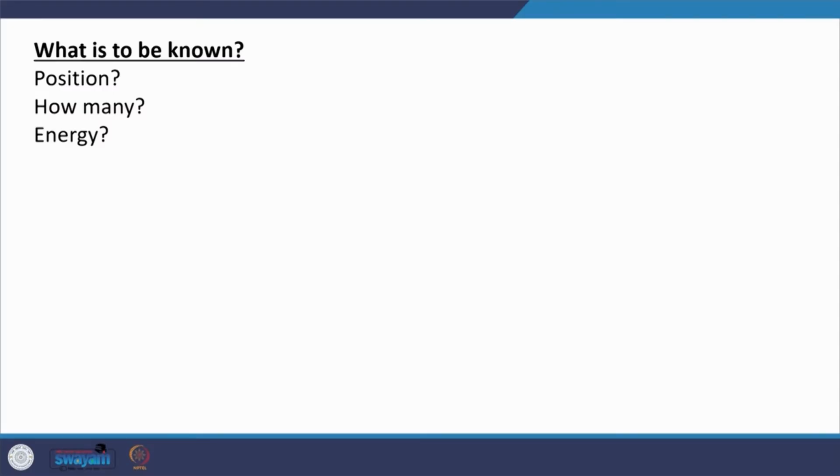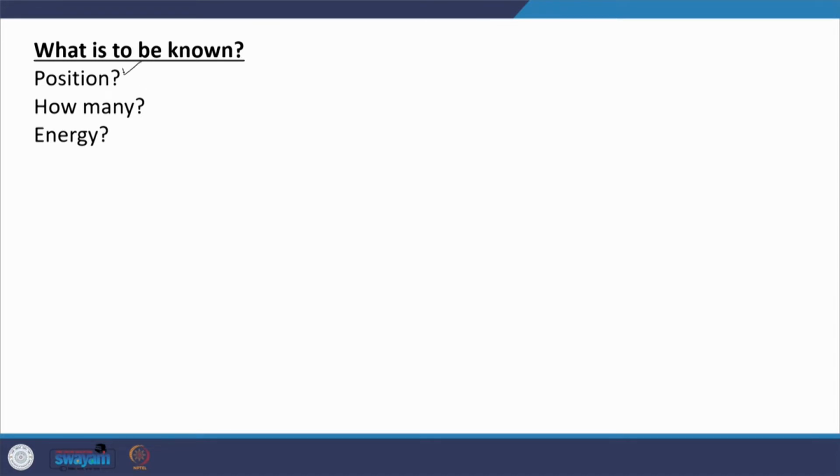I am going to cover the basic part of the detectors, which will be useful to understand the response of the detectors when you carry out nuclear reactions relevant for astrophysics. In any nuclear reaction, what should be known? What is the position of the interaction?